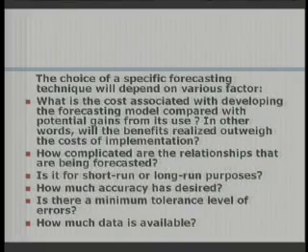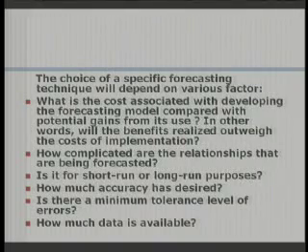I am just once again repeating that. What is the cost associated with developing the forecasting method compared with potential gains from its use? In other words, we will be looking at the benefits realized against the cost of implementation.